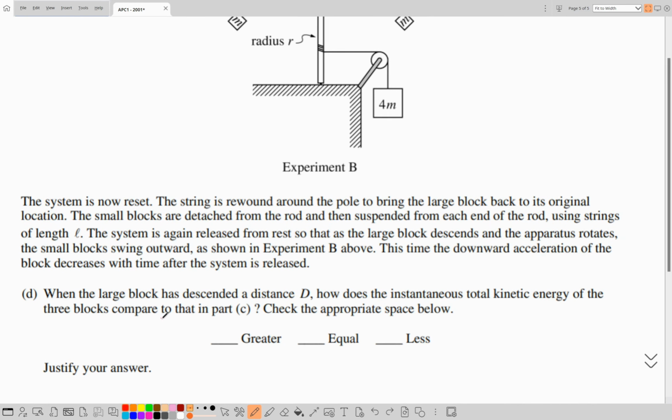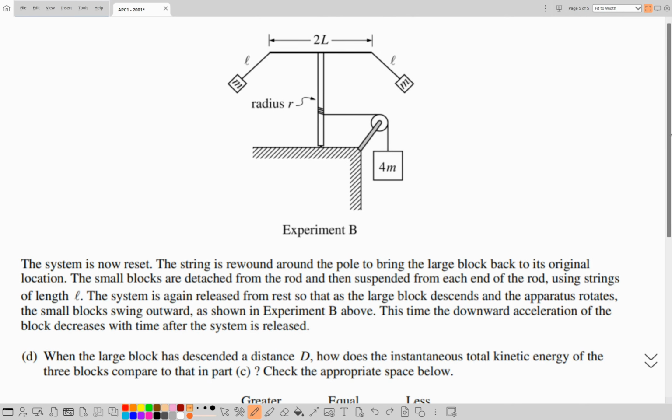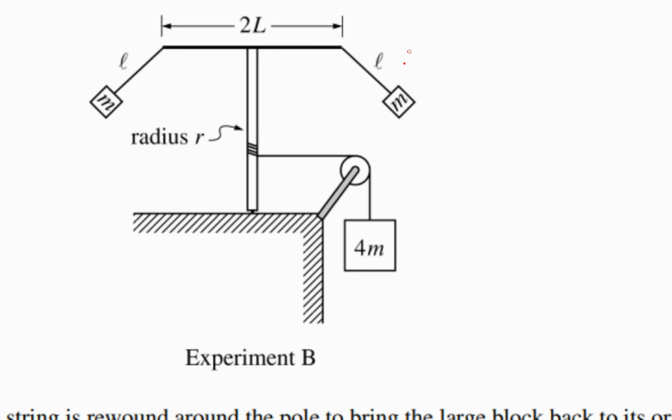Now in part D, when the large block has descended the distance d, how does the instantaneous total kinetic energy of the three blocks compare to that in part C? Check the appropriate space below. Now again, we have reset the experiment, and this will fall a vertical distance d, then the loss in gravitational potential energy is given by 4mgd. And again, we don't have any frictional forces, so there is a complete conversion of energies.